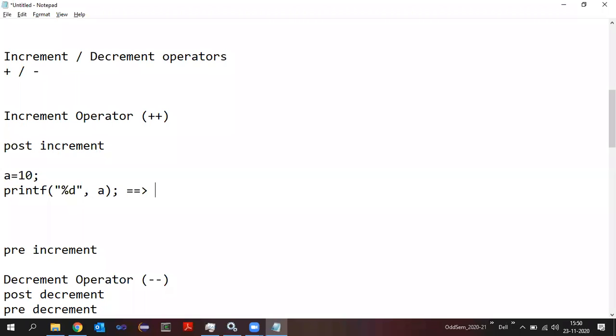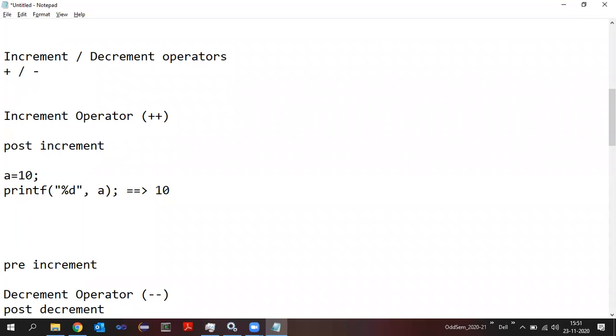When this printf statement is executed, what will it display? The value of a is 10. I'm displaying the value of a. So what is the value of a here? That is 10.